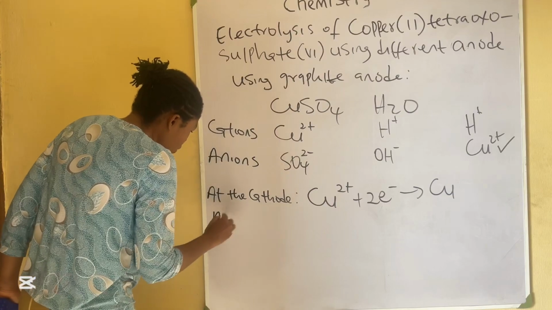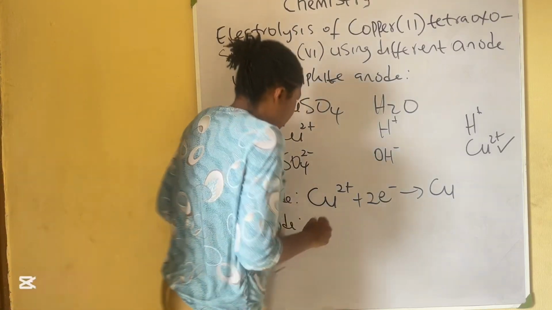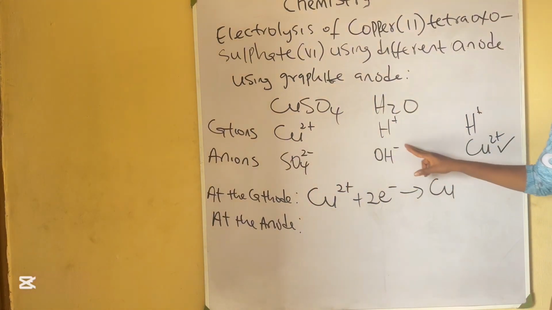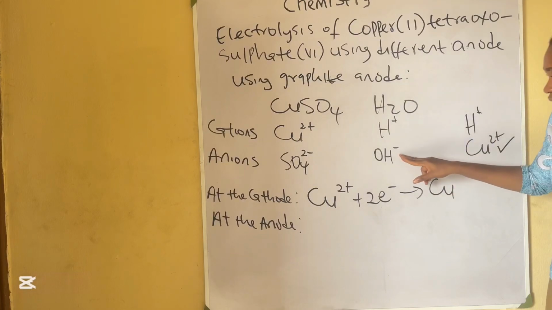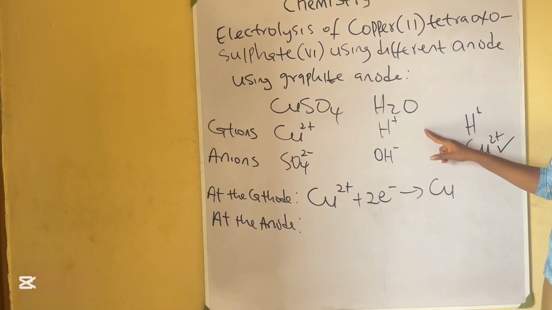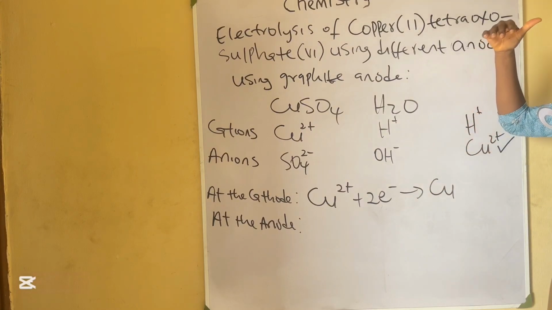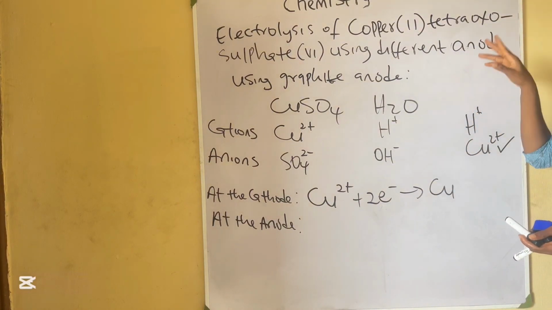So at the anode, what happens? Oxidation always takes place at the anode. So this is sulfate ion and hydroxide ion. The one that will be preferentially discharged is the hydroxide ion because it is higher for the anions. The one that's higher in the electrochemical series will be preferentially discharged.